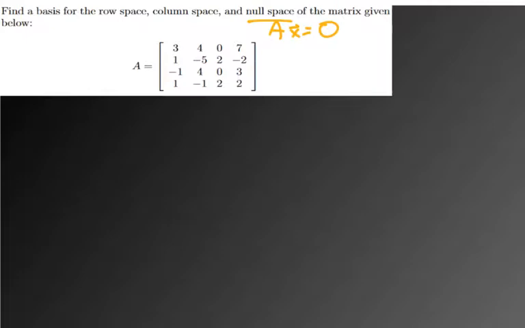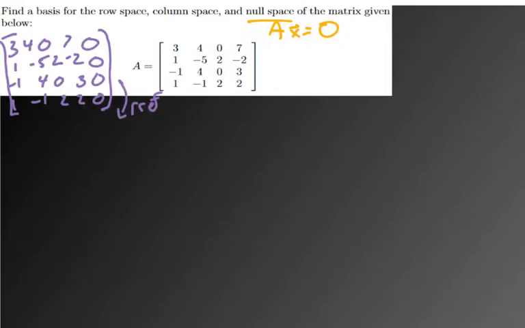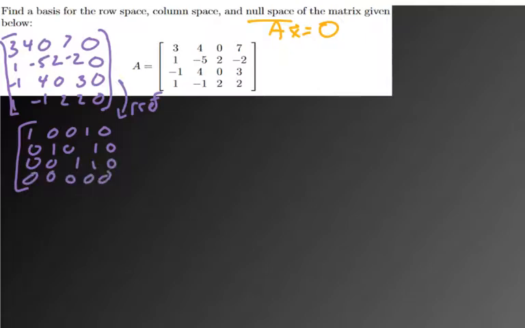And so the way we start this off is we set this up as a matrix and then REF that thing. So we're going to start with this matrix, and we're going to do our REF. If you just pop it into a calculator, you're going to get 1, 0, 0, 1, 0, and then 0, 1, 0, 1, 0, 0, 0, 1, 1, 0, and then a row of zeros.